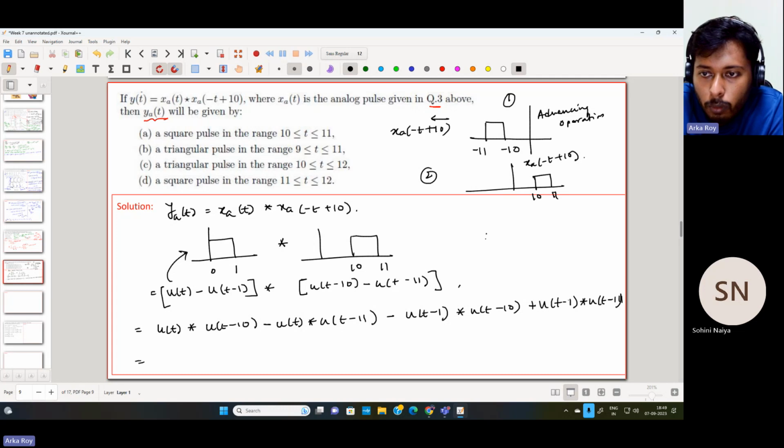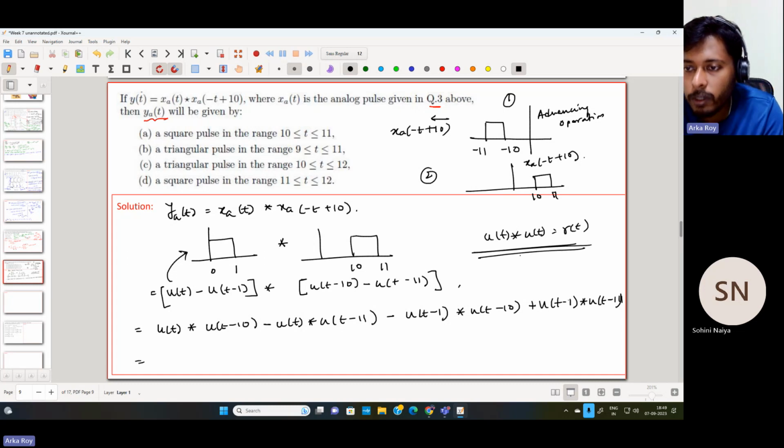If I convolve u(t) with u(t), I will get the ramp signal. How we get the ramp signal I have already talked about in the week 6 live session, so you can refer to it. So u(t) convolved with u(t) gives you r(t), the ramp signal, and convolving with a delayed version of u(t) gives a delayed version of the ramp.